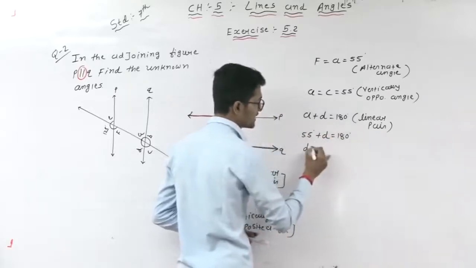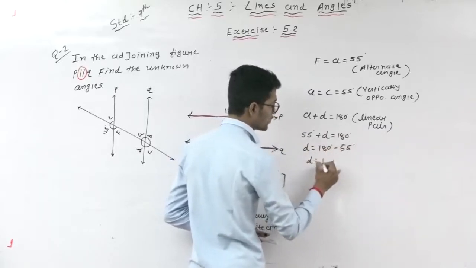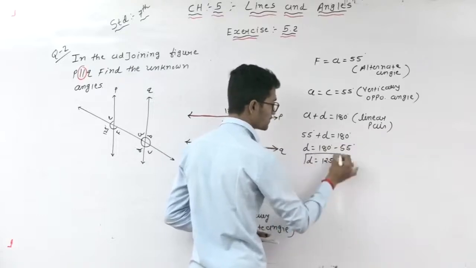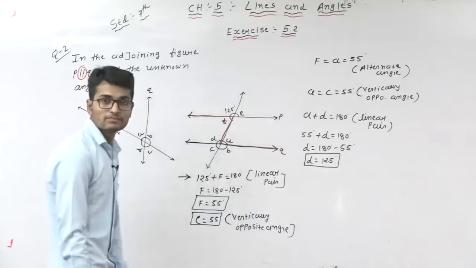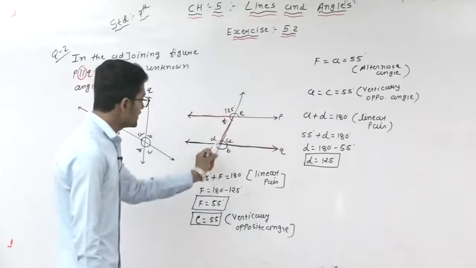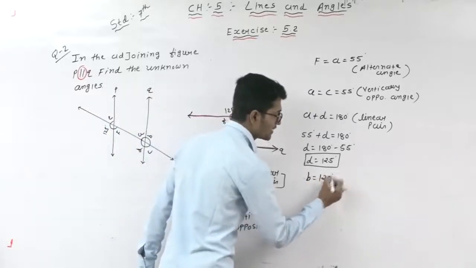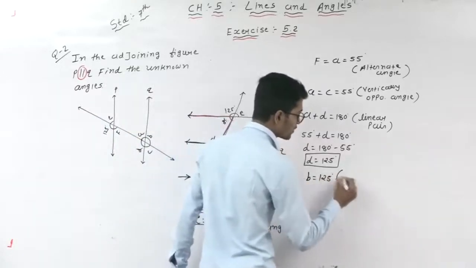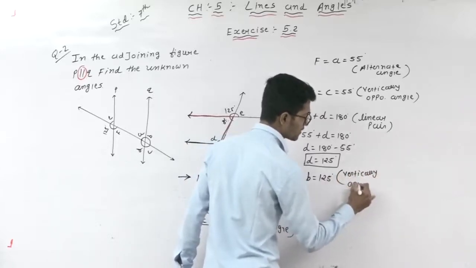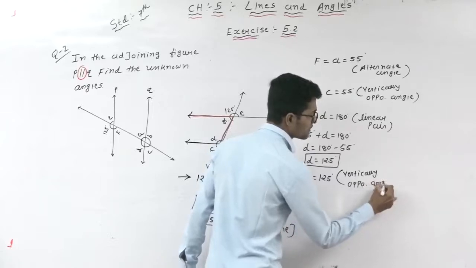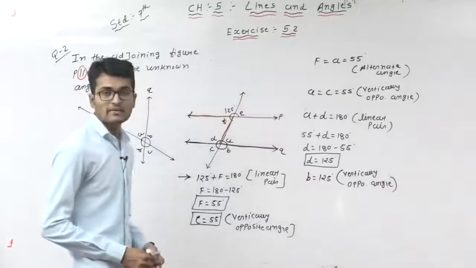Now 55 moves to this side, so D is equal to 180 minus 55, D is equal to 125. Now D is complete, then B is also equal to 125. Why 125? Because this is a vertically opposite angle. So B is also equal to 125.